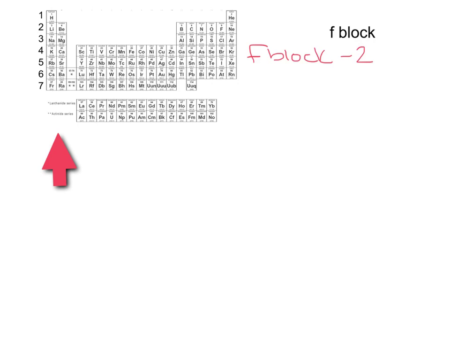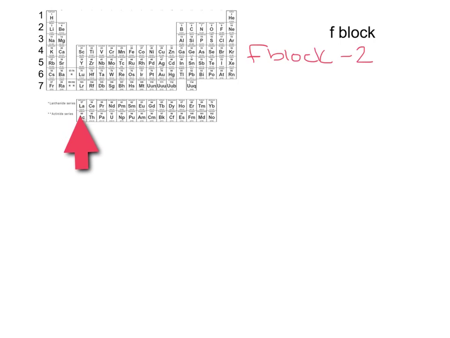So what we are going to do is try to sort through F block. And F block is a little bit tricky based on where you land. So first we're going to pretend that we land either here or here. Depending on the periodic table that you see or use, this is actually a little different than the one we use.